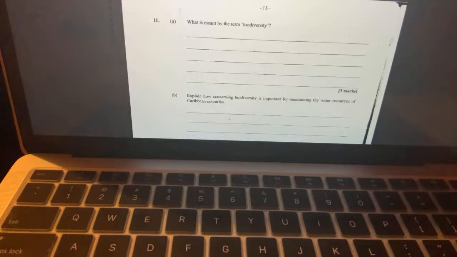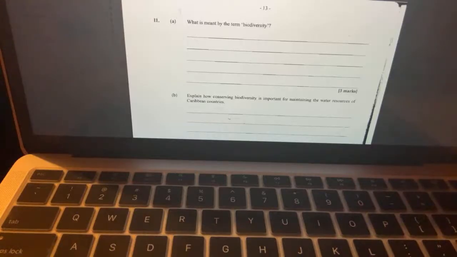Biodiversity, what is that? And then somebody else could take on the part that says, explain how conserving biodiversity is important for maintaining the water resources of the Caribbean. So, how is conserving life important for maintaining water resources?